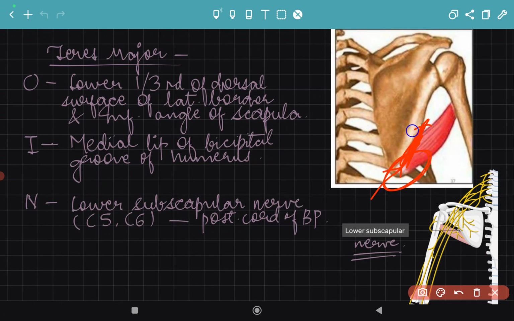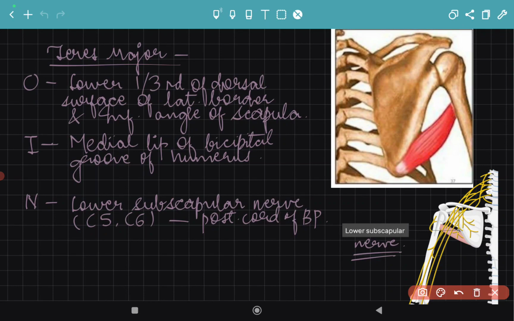So the lower 1/3 of the dorsal surface of the lateral border and the inferior angle of the scapula is the origin of teres major, and it inserts on the medial lip of the bicipital groove of the humerus. So it goes from the dorsal, posterior side to anteriorly at the bicipital groove of the humerus, from back to the front side.